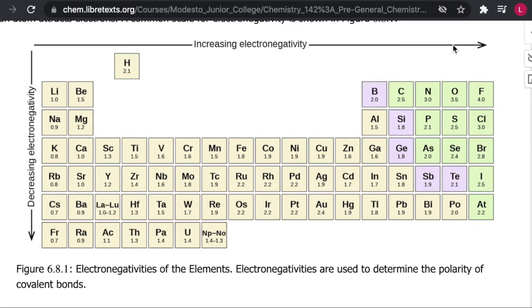So these elements over to the right pull on the electrons more strongly compared to the ones on the left. Also, the ones at the top of the periodic table pull more strongly than the ones at the bottom. So it's increasing electronegativity going up and to the right, similar to the ionization energy.